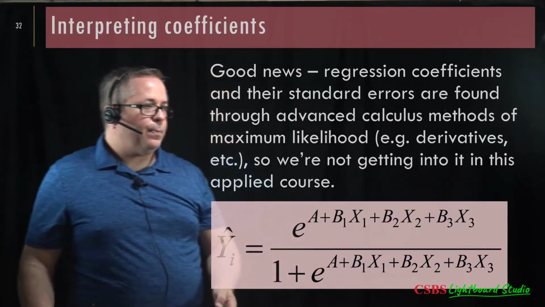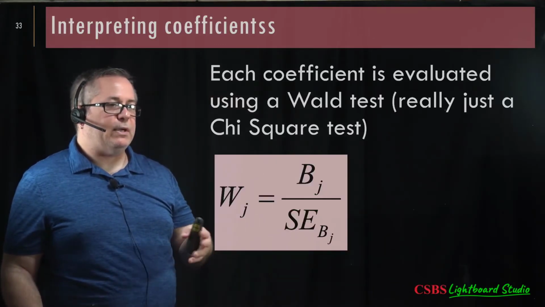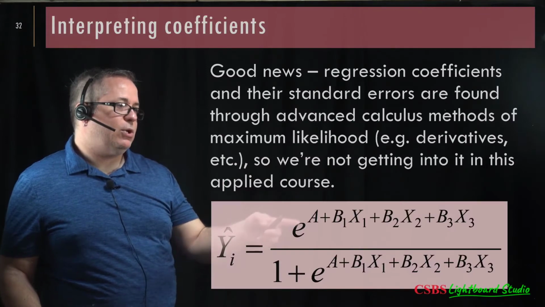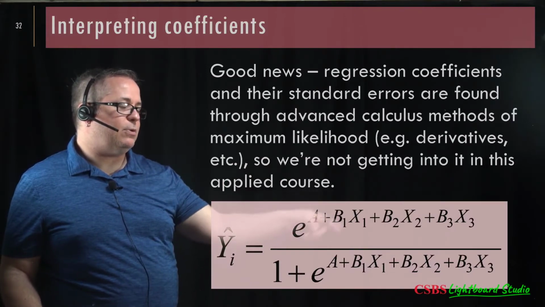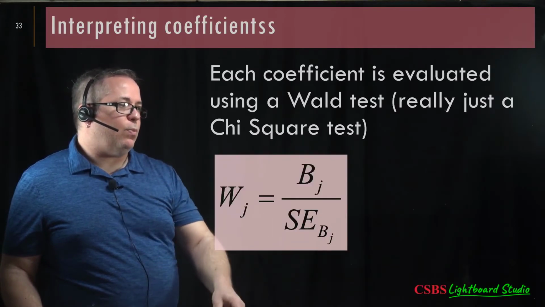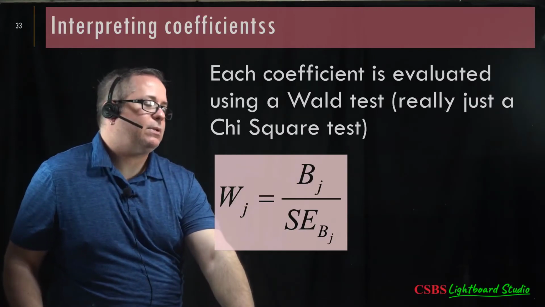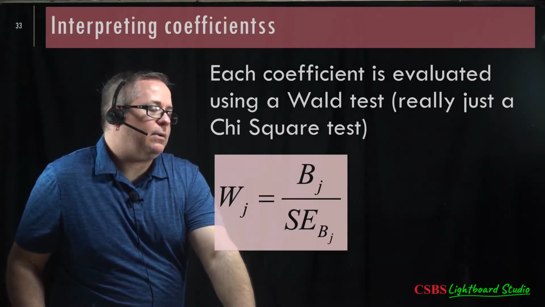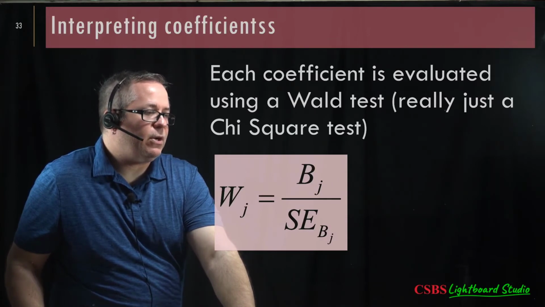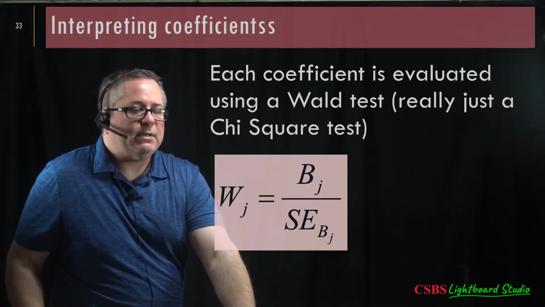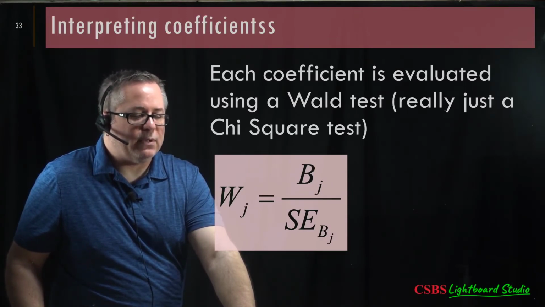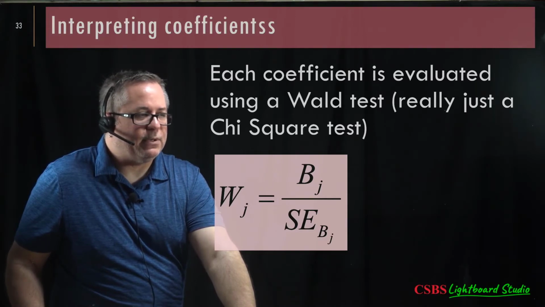All right. And then we can actually go through and test each coefficient, like the B1, B2, B3, with something called a Wald test, which takes that slope value over the standard error for that slope. Because it's a different animal, it's not quite linear.